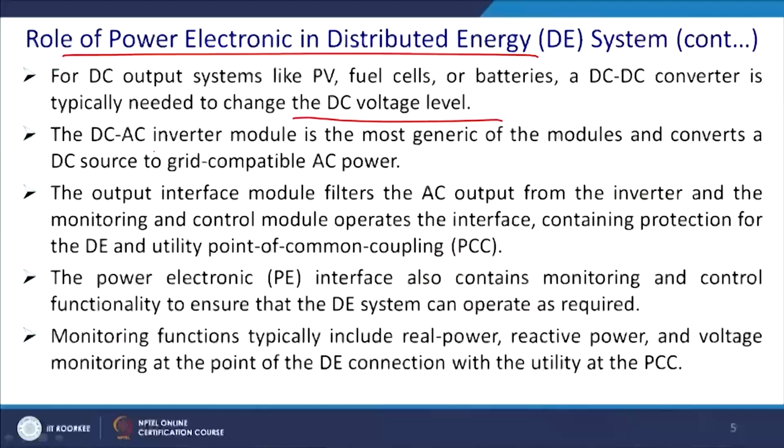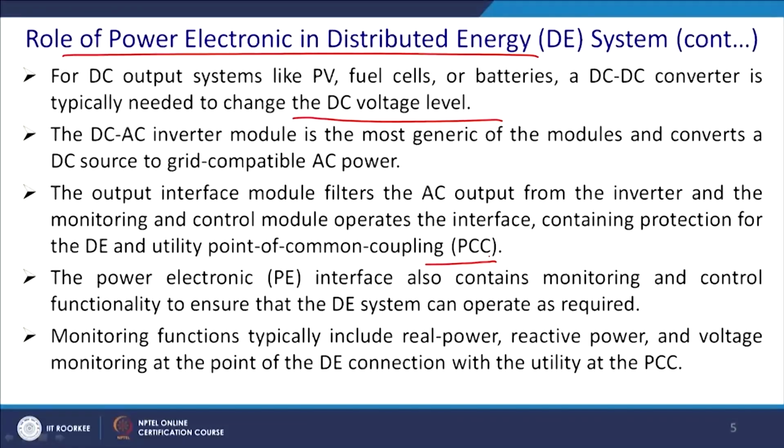The DC to AC converter module is the most generic of the modules and converts a DC source to grid compatible AC power. The output interface module filters the AC output from the converter, and the monitoring and control module operates the interface, containing protection for the DE and utility point of common coupling.